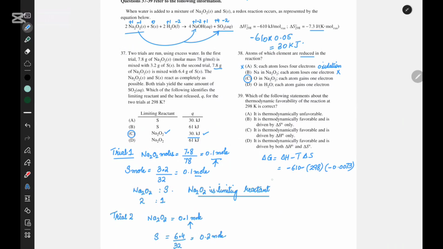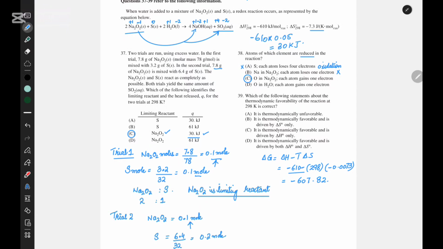Then it comes out to be -607.82. So we can say that it is thermodynamically favorable, but it has been controlled and driven by enthalpy change only.